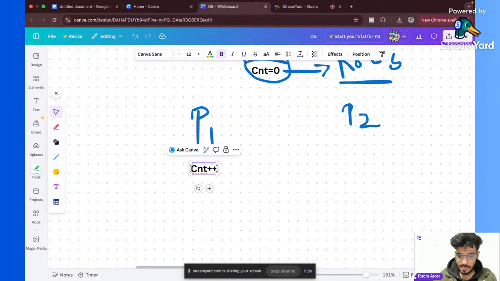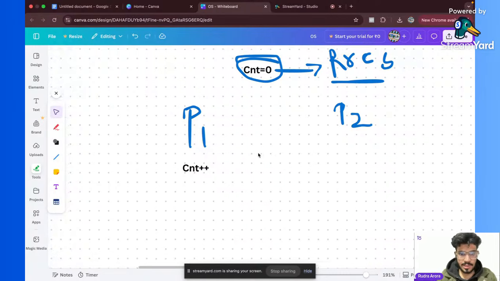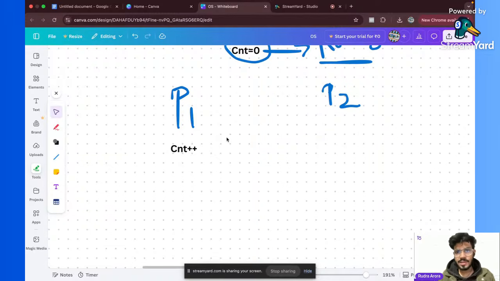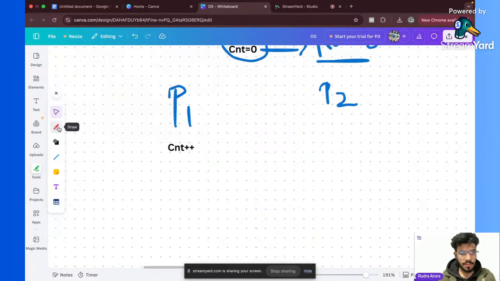It stays in, acquiring this count, but does not do anything for some time. So the value of count here would be 1.